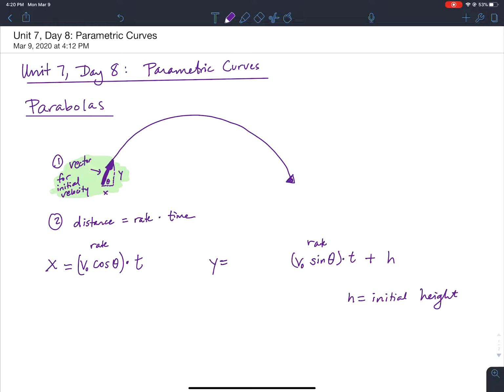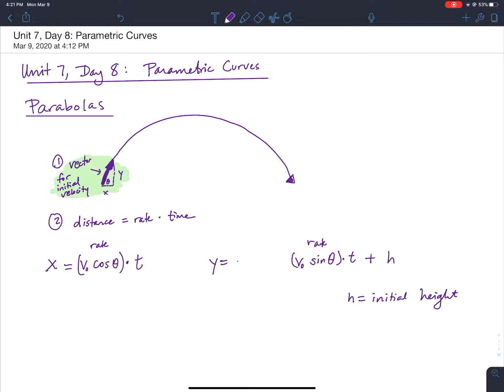And in the front of this equation, there's usually a component that is for gravity, because gravity is what makes your object come back to the ground. So there's also a gravity factor. Now this gravity factor can take two forms, depending on if your height is being measured in feet or if your height is being measured in meters.